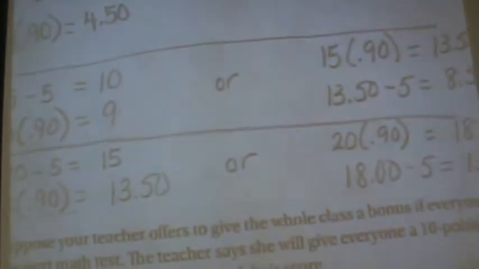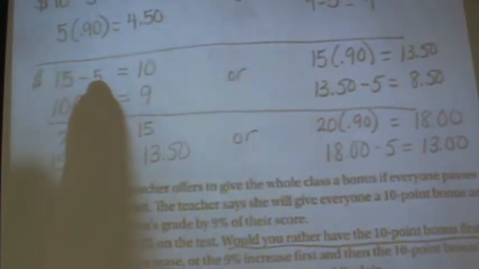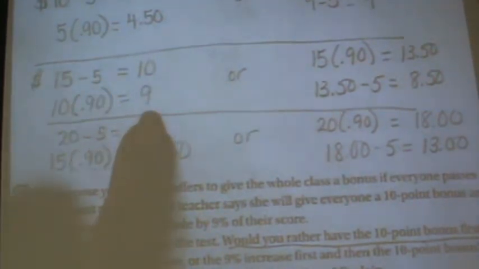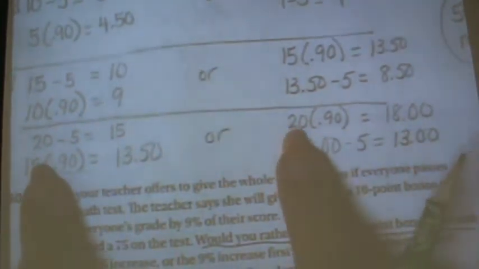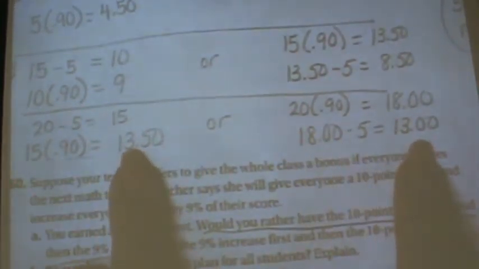To show you, what if the pizza was $15? If you took the coupon off first and then the 10%, you pay $9. If you did the 10% off first and then the coupon, it's $8.50. And then I did a $20 pizza. It's the same.